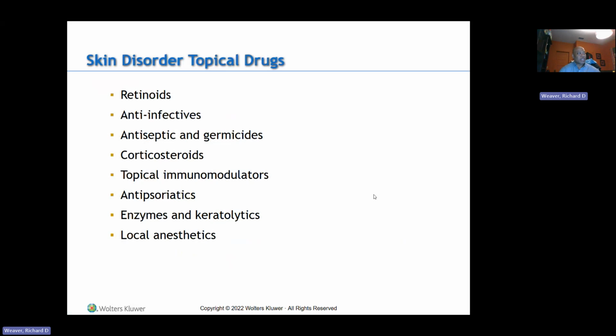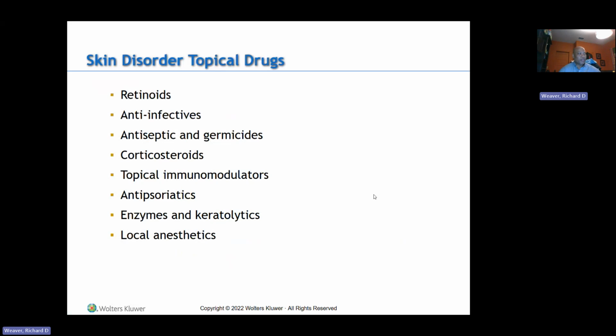So your retinoids, and I'll skip the ones I just listed. Your topical immunomodulators. In other words, we're manipulating the immune system to work in our favor. That's what that basically means. Your anti-psoriatics, right?